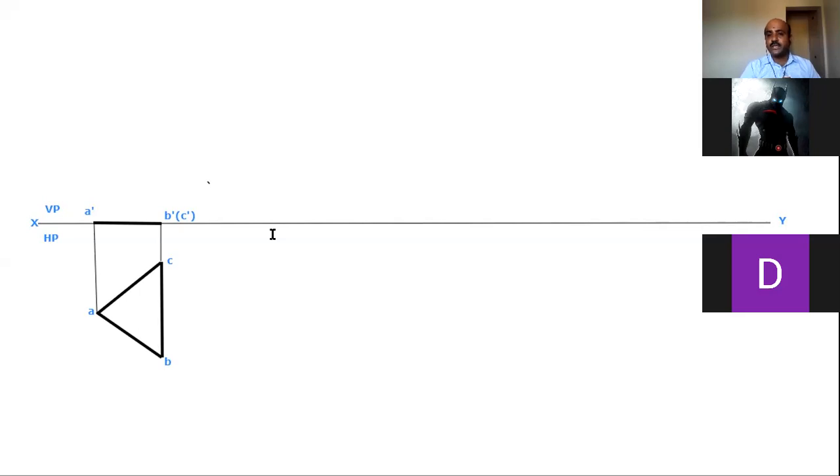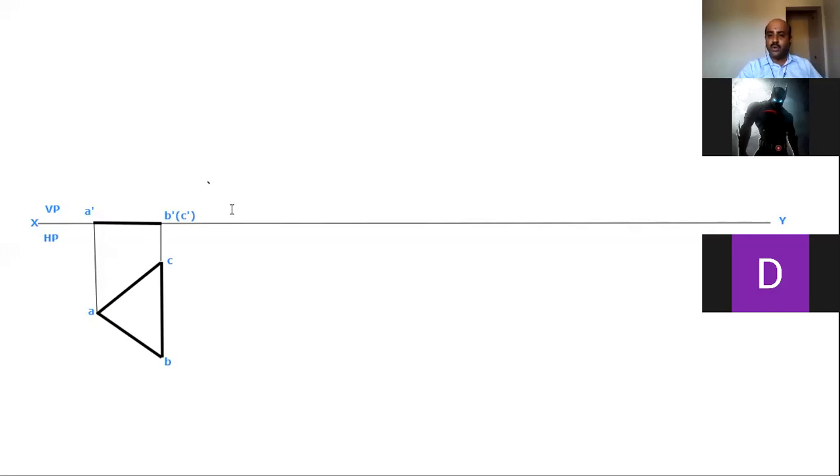But in this problem, what is given is the edge opposite to the corner on which it rests. Please observe, everybody. This is the corner. A is the corner touching HP, and the edge opposite to this corner is BC. What he says is that this BC is 15 millimeters above HP.